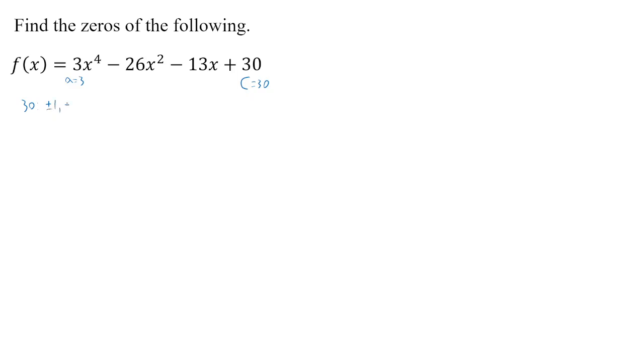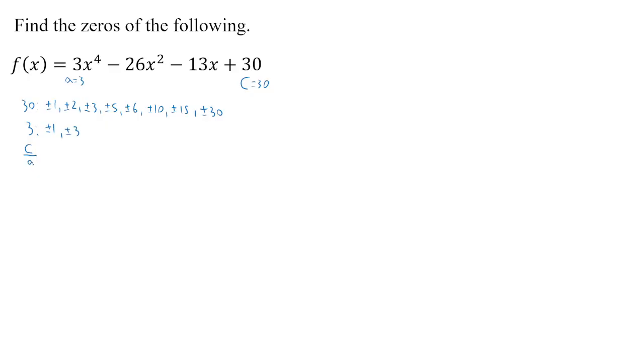Positive negative 1, positive negative 2, positive negative 3, positive negative 5, positive negative 6, positive negative 10, positive negative 15, and positive negative 30. Next, we're going to list our factors of 3. So we get positive negative 1 and positive negative 3.